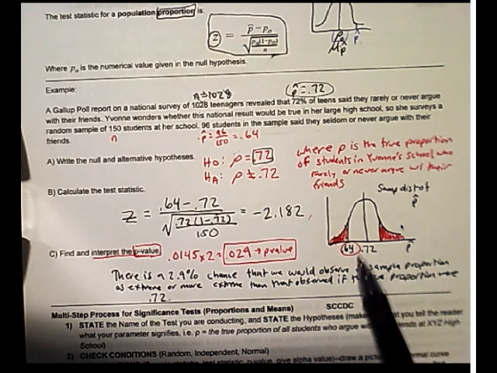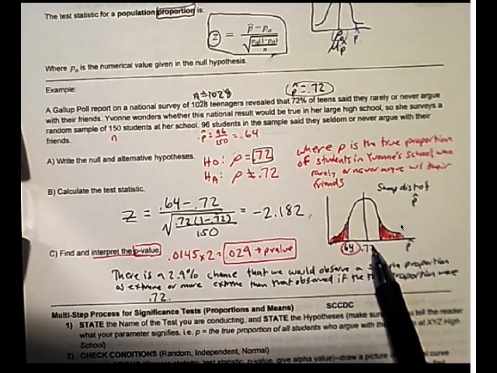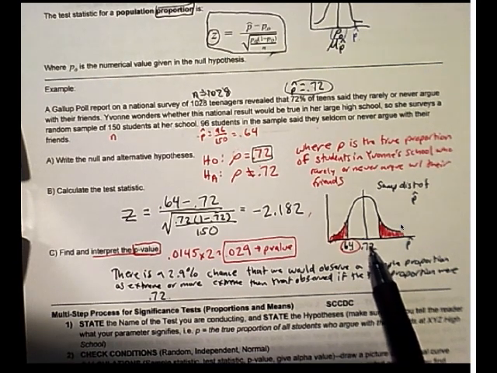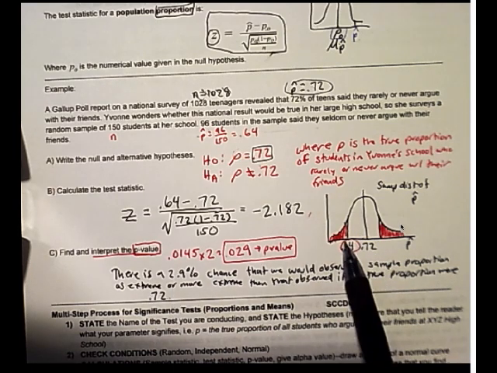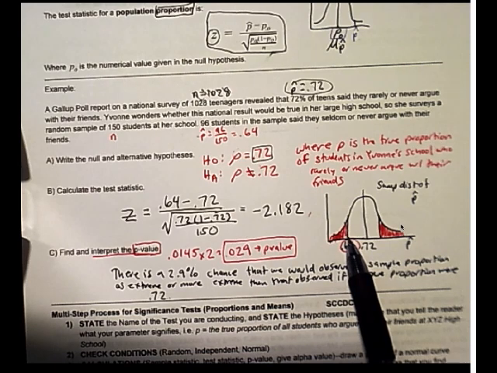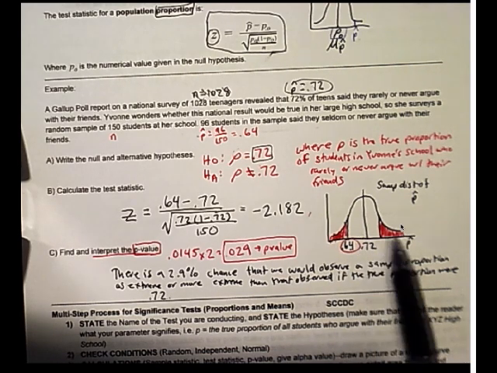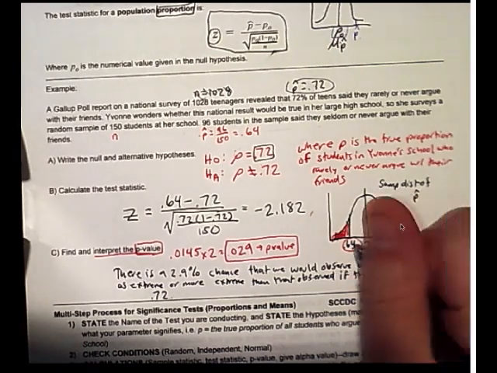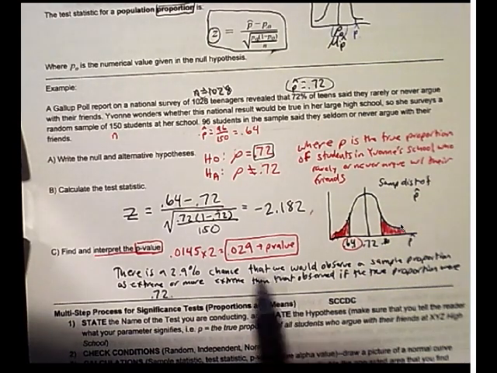Okay, so if the real proportion was 72% at this school, there's only a 2.9% chance that we would get a p-hat that far away or farther, on both sides. So on this side, that's a difference of 0.08. And you can be more specific in this.